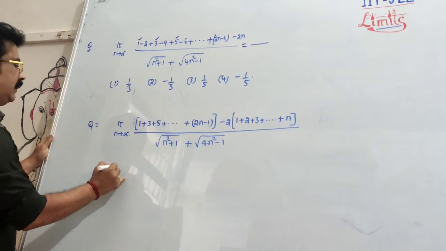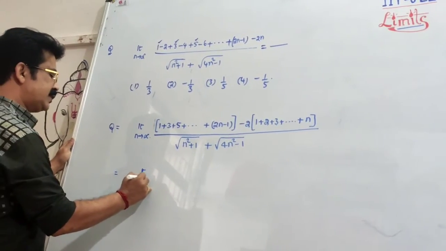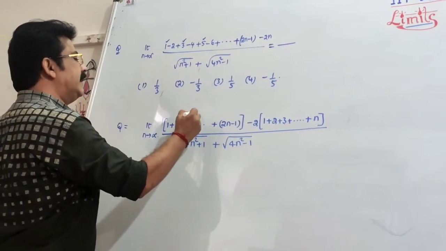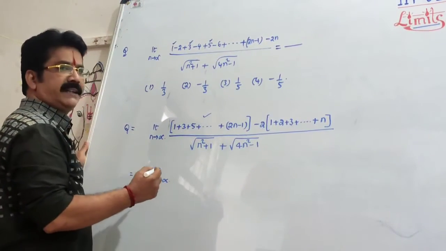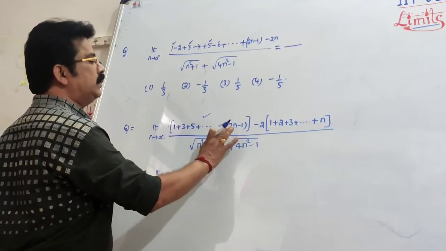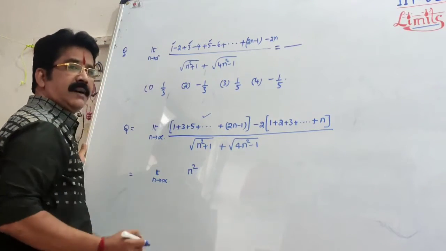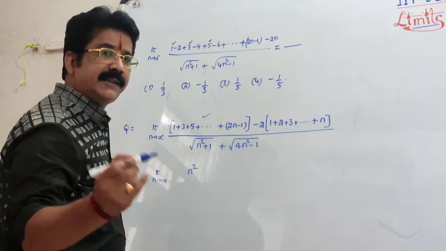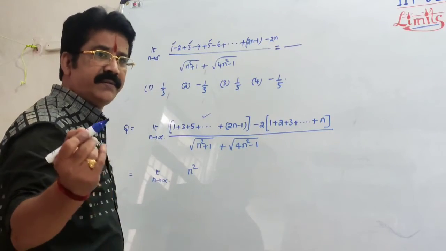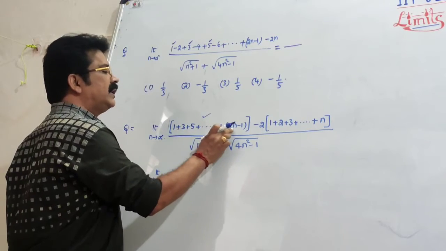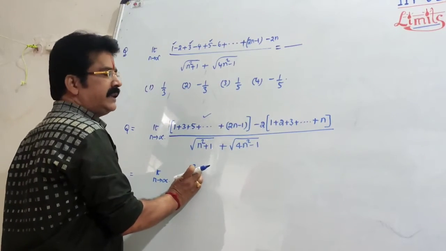So that is equal to limit n tends to infinity. Already I said that the sum of odd numbers from 1 to 2n minus 1 is simply n square. Of course it is a formula, I said in sequences and series, you can refer to this formula. So 1 plus 3 plus 5 plus and so on up to 2n minus 1 is simply n square.